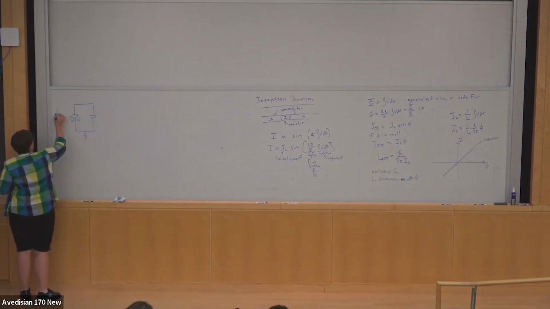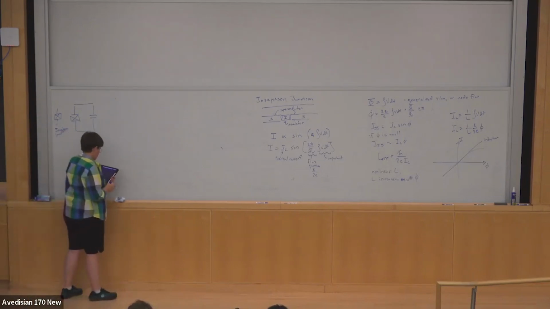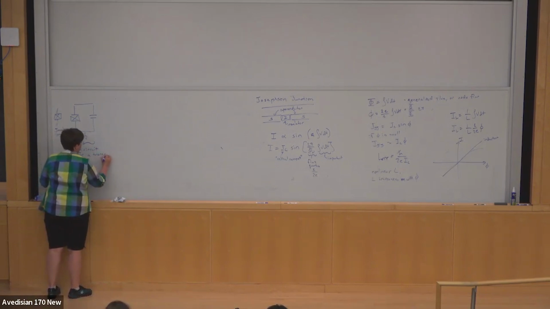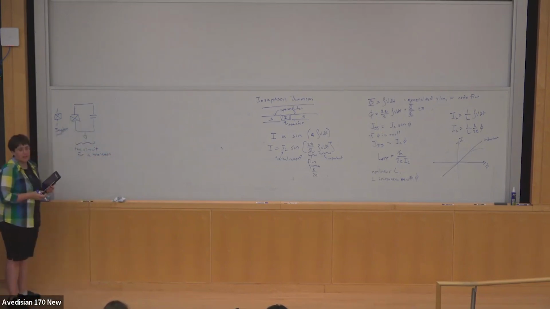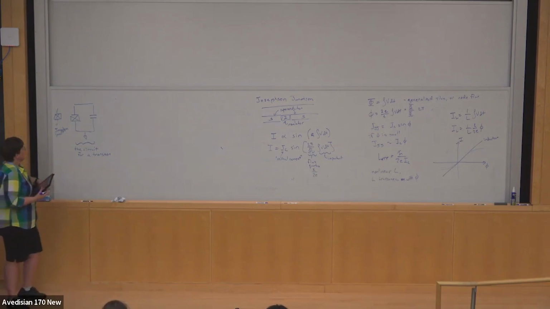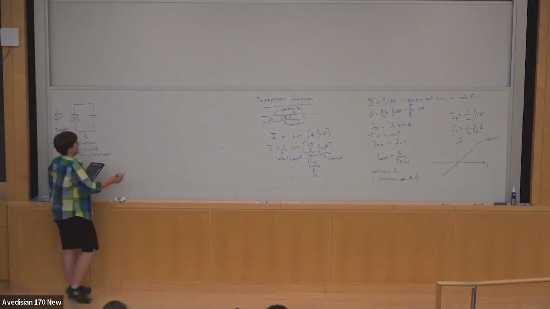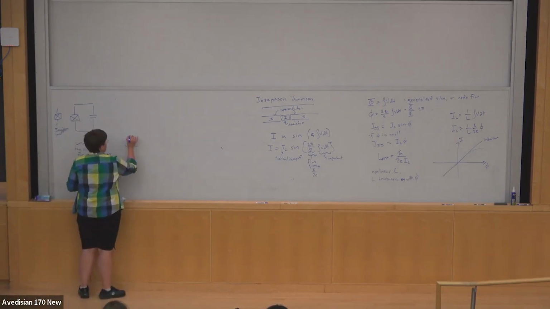And this square with a cross in it is the standard symbol for a Josephson junction. And this is actually the circuit for a transmon qubit, which is the most common kind of superconducting qubit that you have. And so the intuition is that this thing is a nonlinear inductor. And so it should be sort of close to a harmonic oscillator.